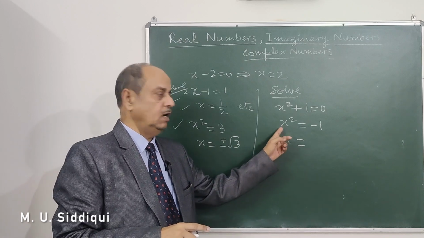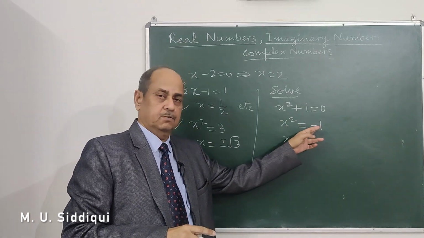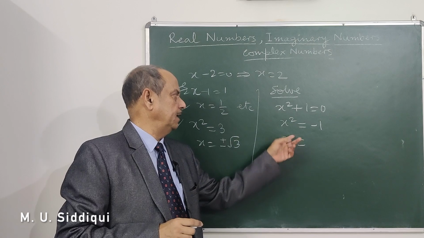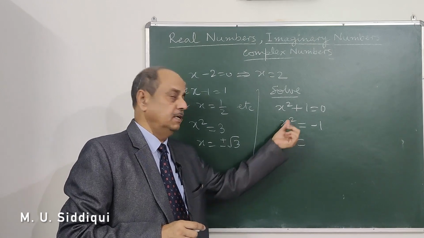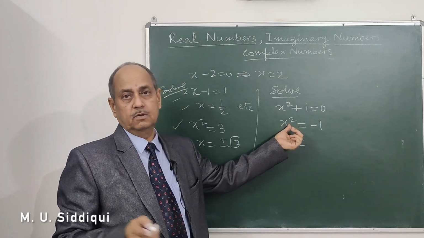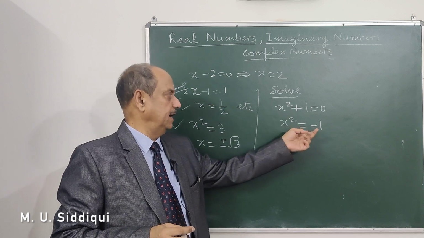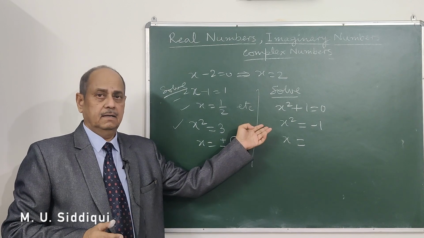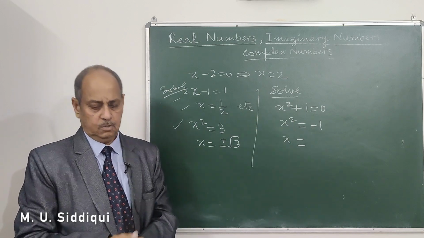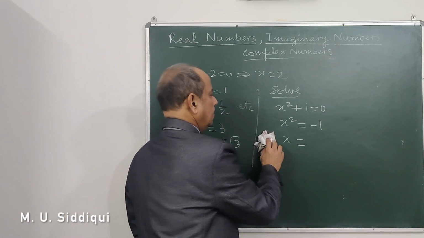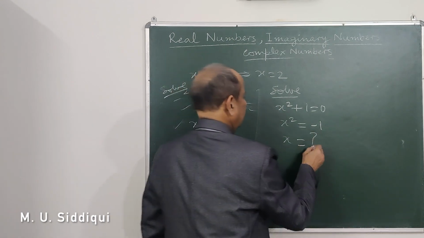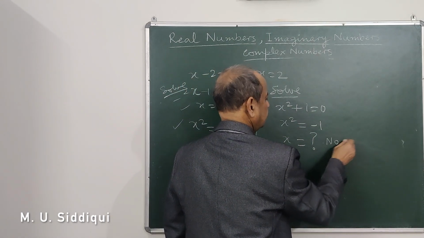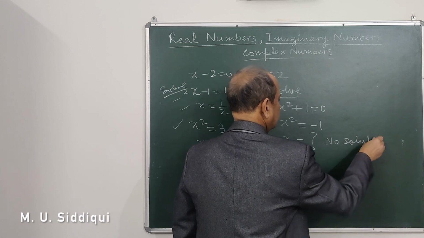If you put x equal to 1, 1 square is 1, not minus 1. So 1 is not the solution. If you take x as minus 1, minus 1 square is also plus 1. So there is no value which, written in place of x and squared, gives minus 1. So if you know only up to the real numbers, you will say no solution, which means not possible.